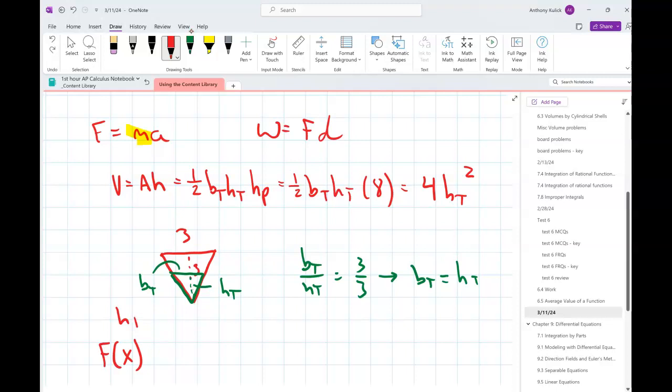Let me think about it for a second. So my force in terms of h of t is 4h of t squared times 9.8, because the acceleration is just due to gravity.